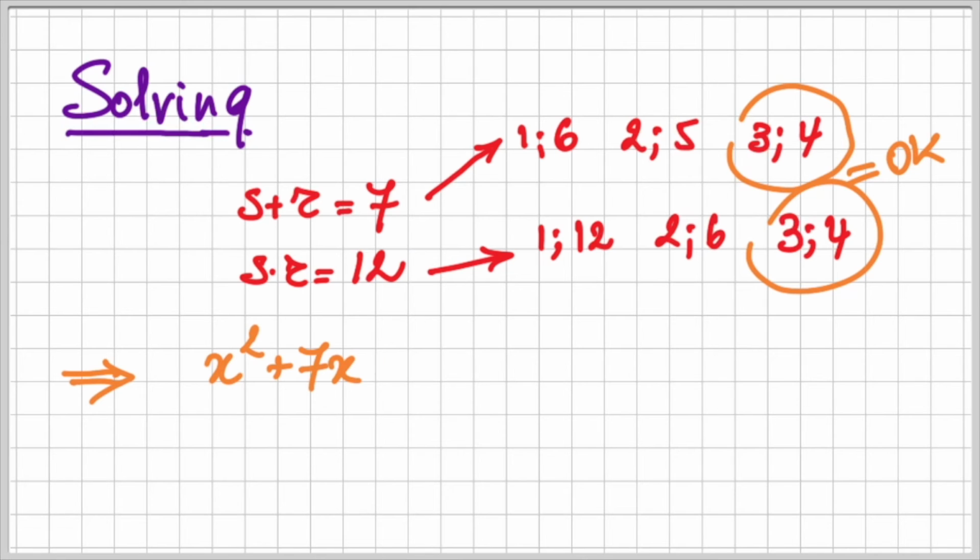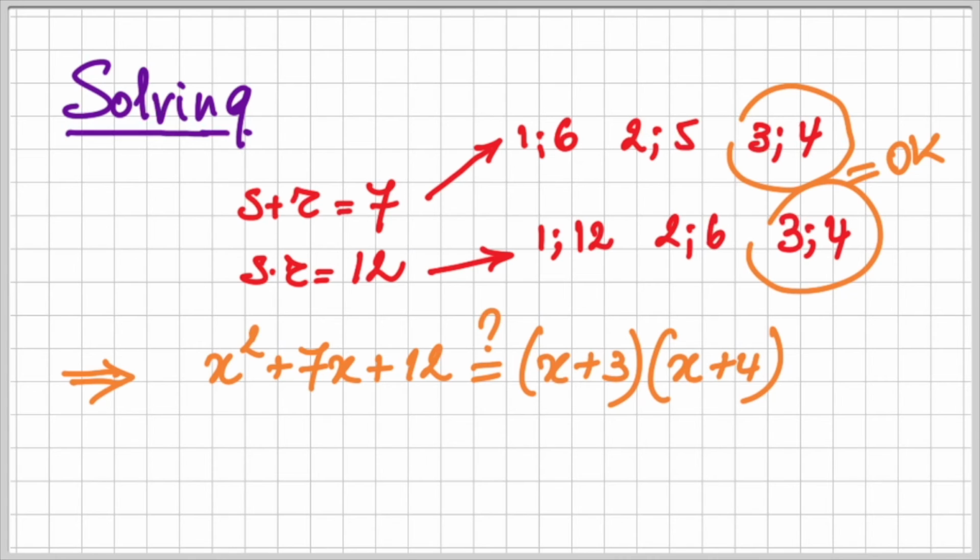Now, based on this, we can say that x squared plus 7x plus 12 could be equal to (x plus 3) times (x plus 4). We put a question mark there because we now have to verify if this is really true by expanding the product (x plus 3) times (x plus 4).